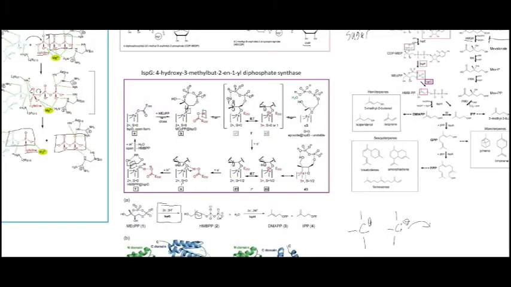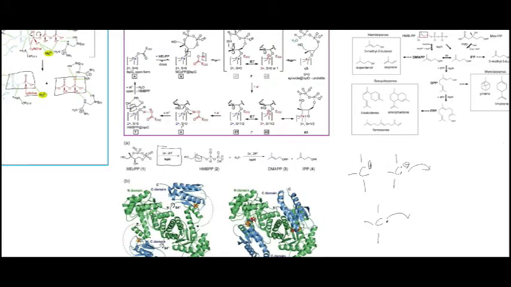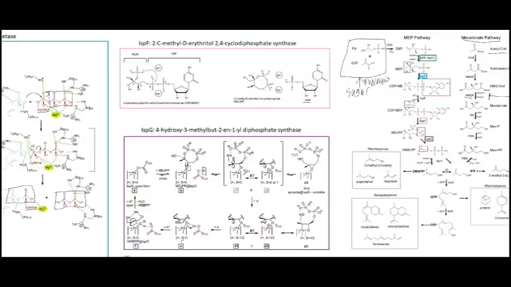But yeah, this is the mechanism. I kind of stumbled my way through it, as you can probably tell. But yeah, this is just a redox reaction using this iron on the ferredoxin, and that's how we go from this cyclic species to this HMBPP species.